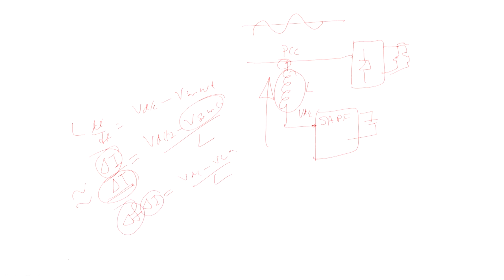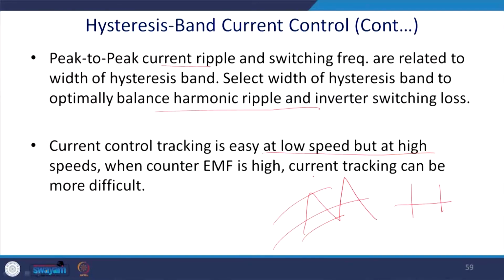There is a constant change in frequency in the operation of this PWM inverter. When the frequency is high, current tracking is more difficult because it does not get much time to operate, because once you switch on, you have to track it.